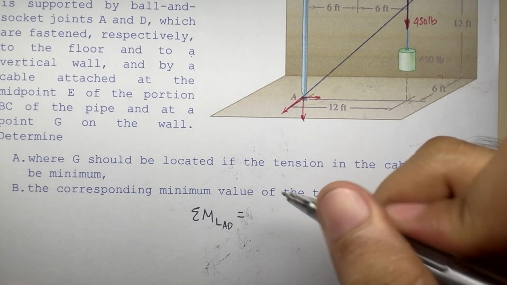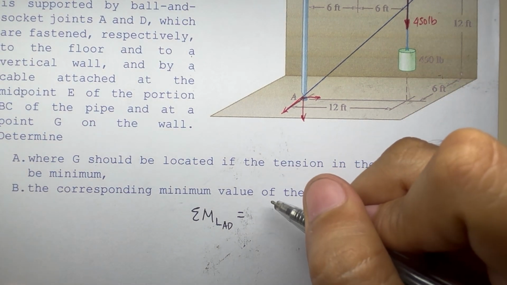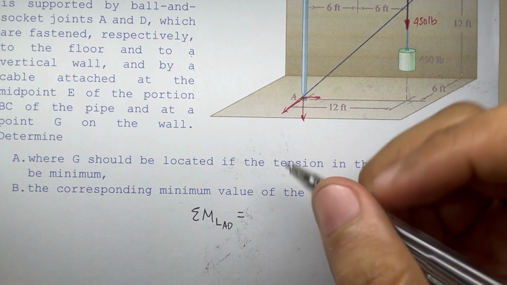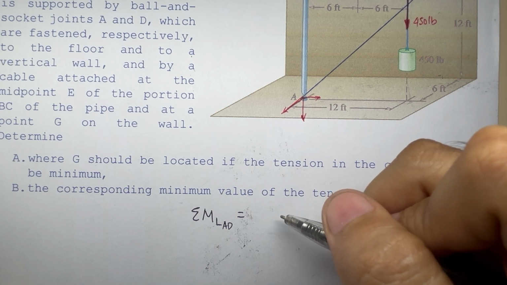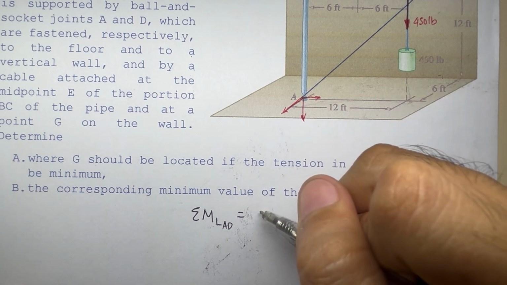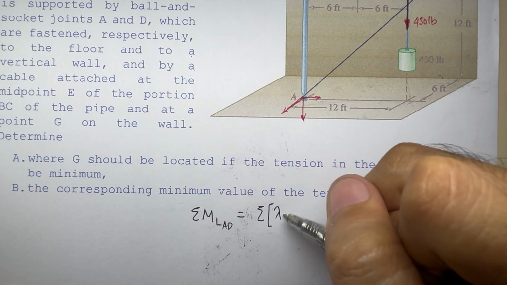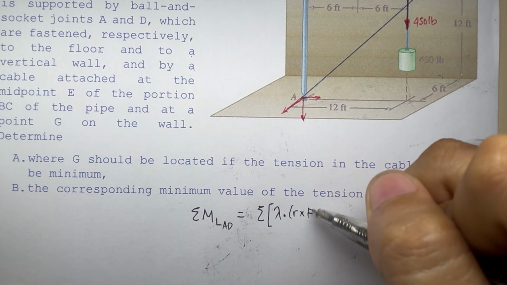The equation of the moment about a line is just lambda dot product R cross F, so that is the summation of lambda dot R cross F.